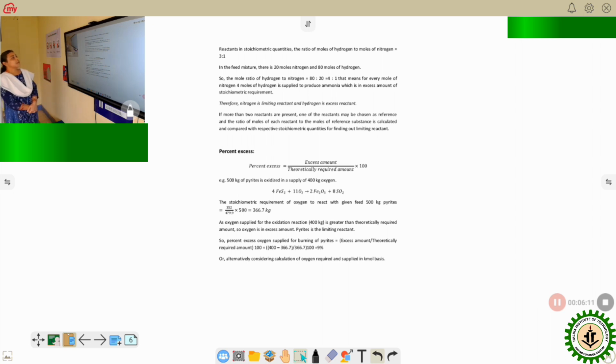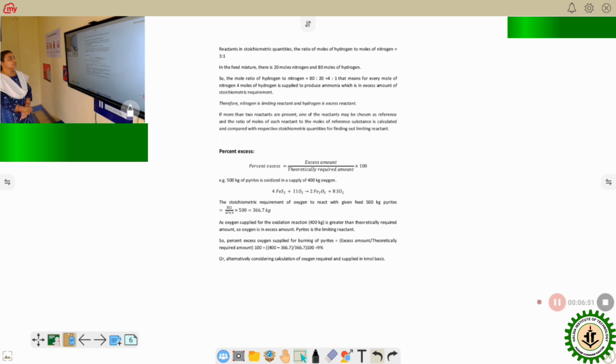The reactants in stoichiometric quantities of the ammonia synthesis reaction have a ratio of moles of hydrogen to moles of nitrogen of 3:1, and in the given feed mixture there is 20% nitrogen. 20% by volume is the same as 20% by mole, so if we consider 100 moles as the total mixture, then 20 moles of nitrogen and 80 moles of hydrogen are present in the feed mixture.